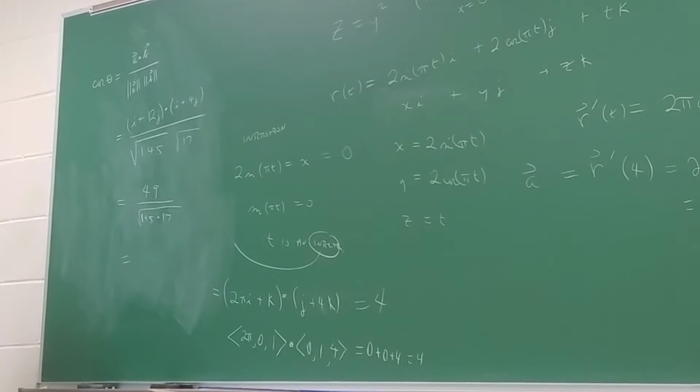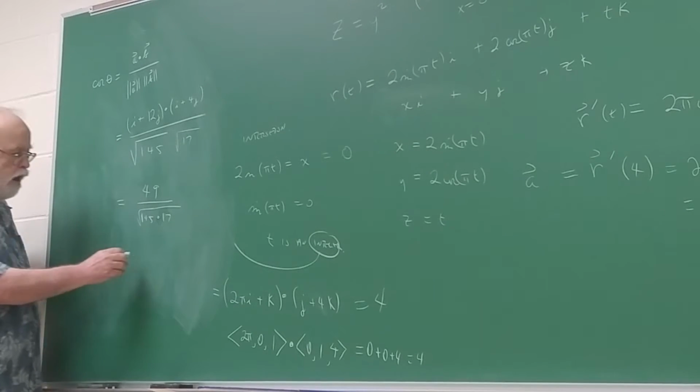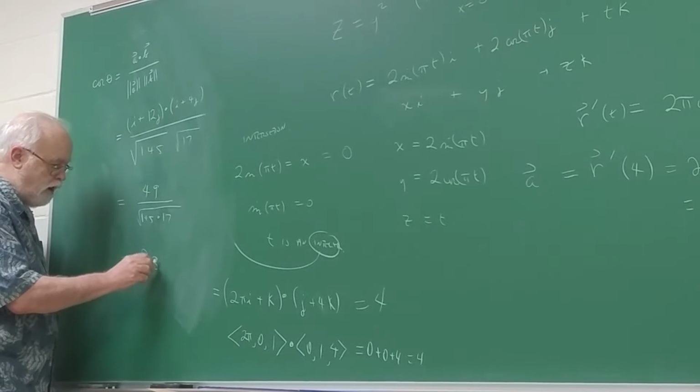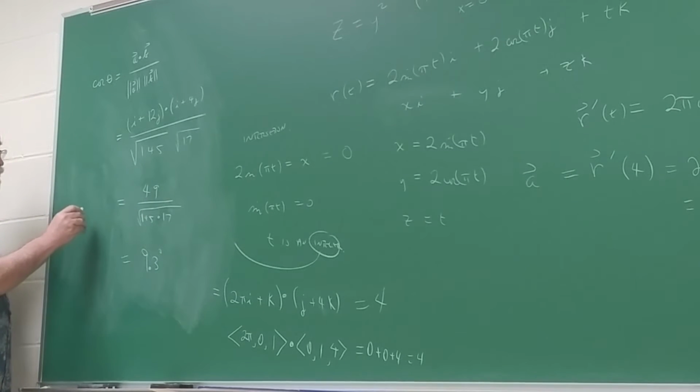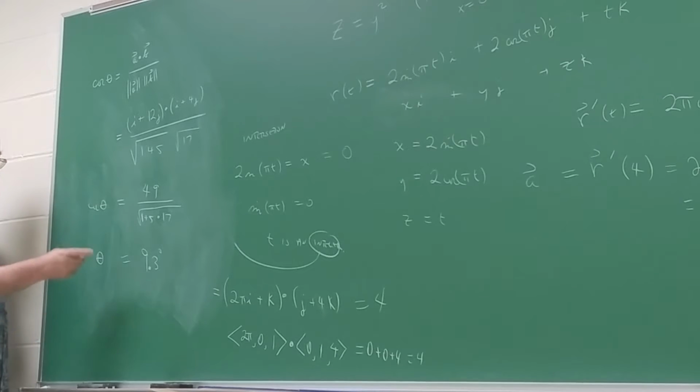I forgot to bring my calculator. I got 9.3 degrees. I think you're right. I think I remember that one. 9.3 degrees. So the cosine of theta is this, and theta is 9.3 degrees.